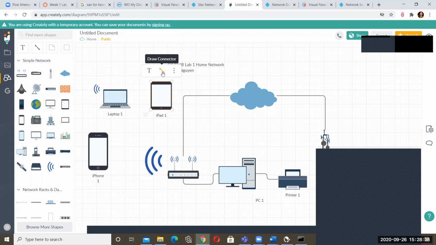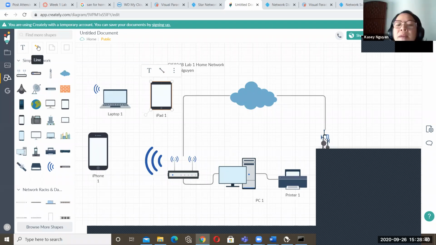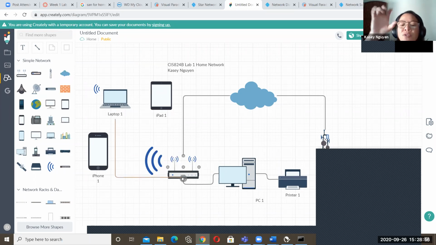Or you can also use the line button. But if you click on the actual device, it gives you those options, like draw the connector. When you draw, see how it shows the little X in gray? That's the connector point. It won't connect until you click on those little connecting points.